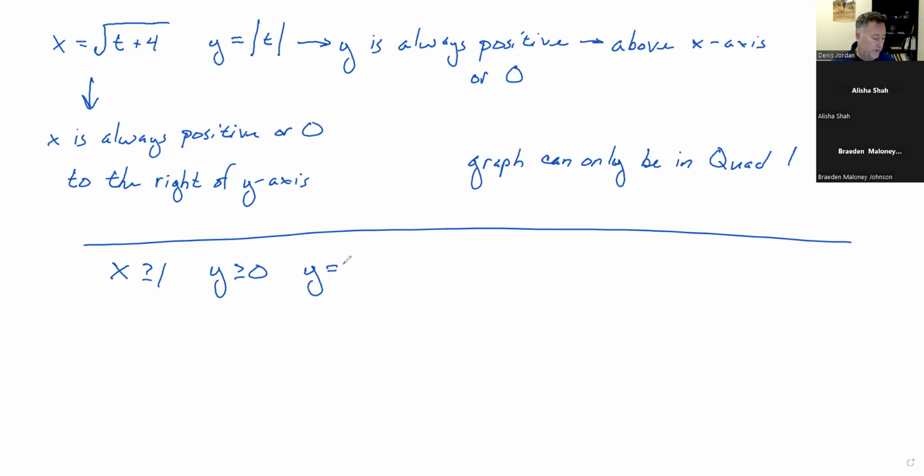Think of an example. Let's just say it was ln of x plus 1 instead of ln of x, but it still had all that criteria.